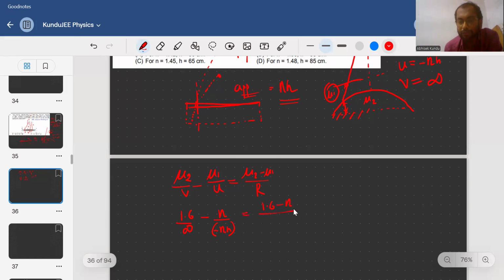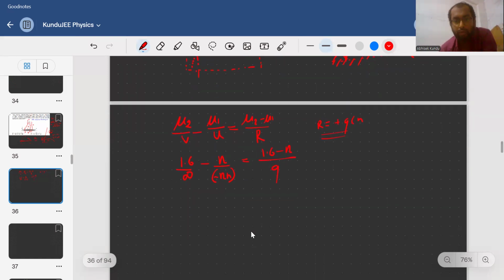For a convex curved surface, R will be taken as plus 9 centimeter. Now, what will we get from here? See, this will be 0, basically, since it is divided by infinity. So, plus 1 by h is equal to 1.6 minus n by 9. So, h is 9 by 1.6 minus n. That we are getting.